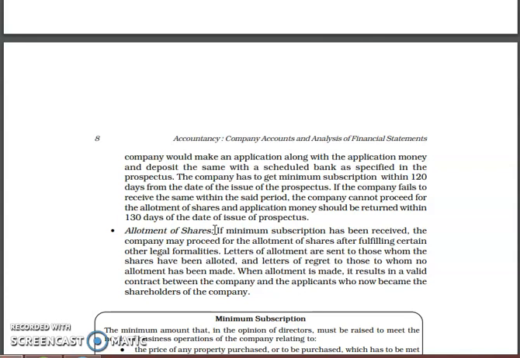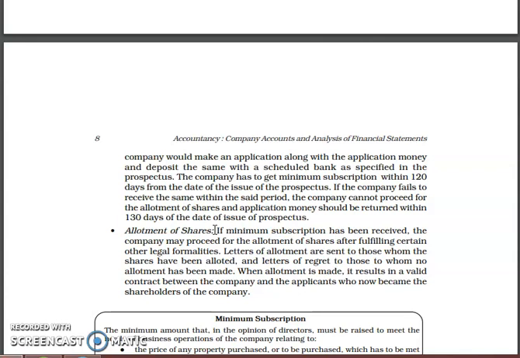What is under subscription basically? If the total number of shares for which the applications are received is less than the number of shares issued, this situation is called under subscription. For example, a company is issuing 10,000 shares to the public, but the public bought only 8,000 shares.